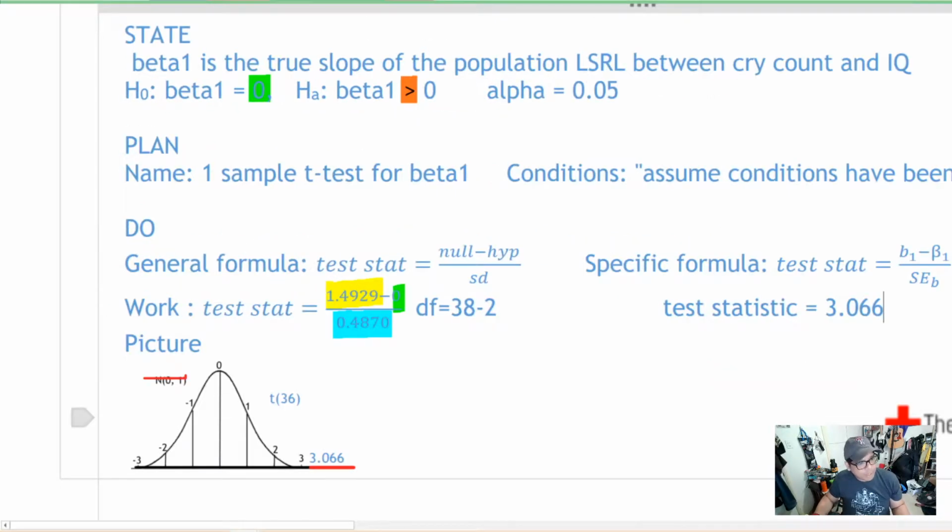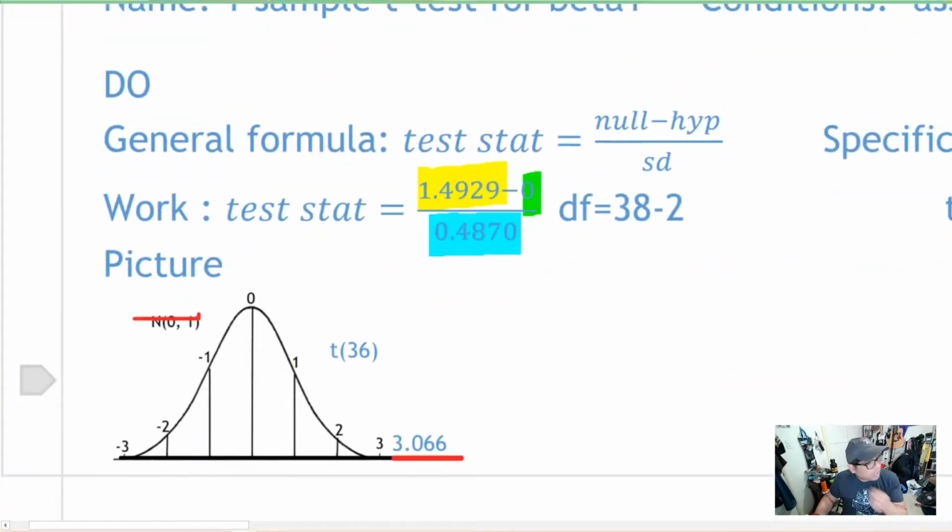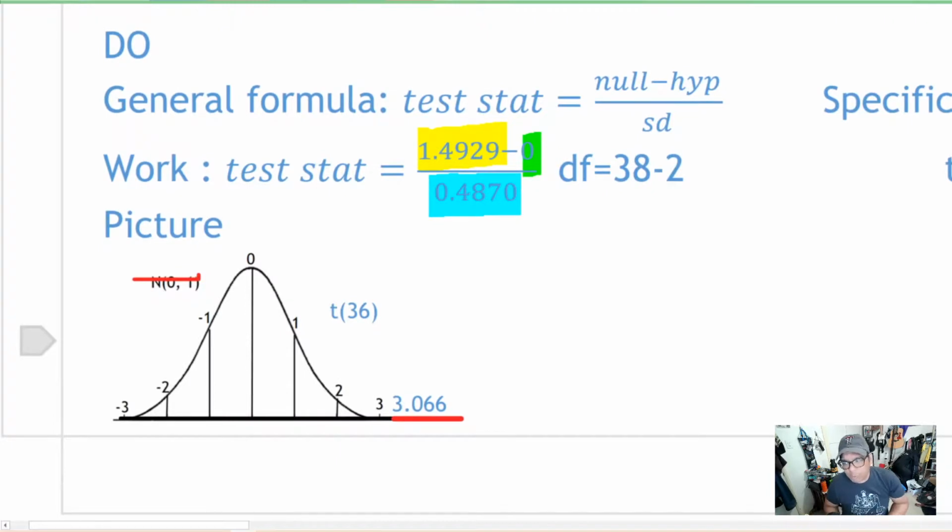We're going to draw the picture of our normal curve. Well, this isn't a normal curve actually. This is a t36 curve because our degrees of freedom is 38 minus 2. Notice that the red region is the p-value, and it is at 3.066.